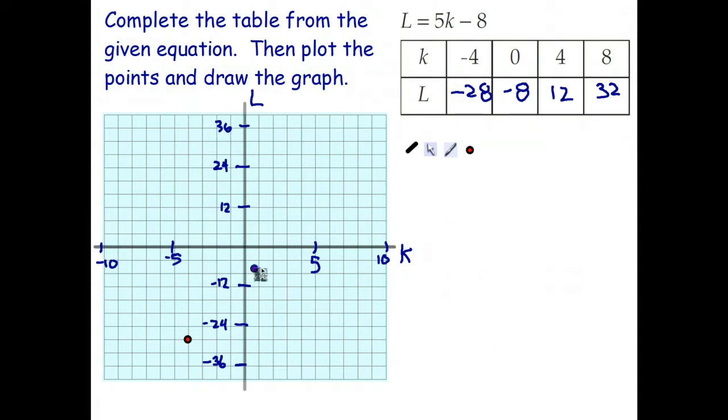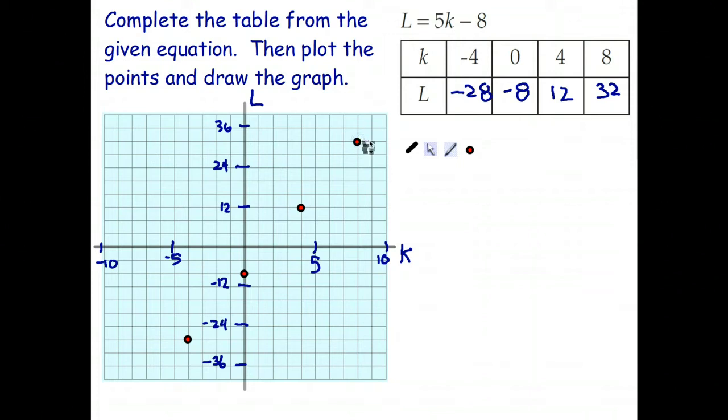At 0, I go down to 8, down 4, down 8. That's that point just there. 4, 12. I go across to 4, up to 12. And finally 8, 32. So I go across to 8 and up to 24, 28, 32.